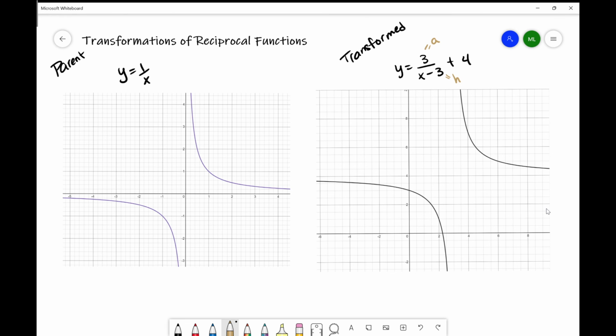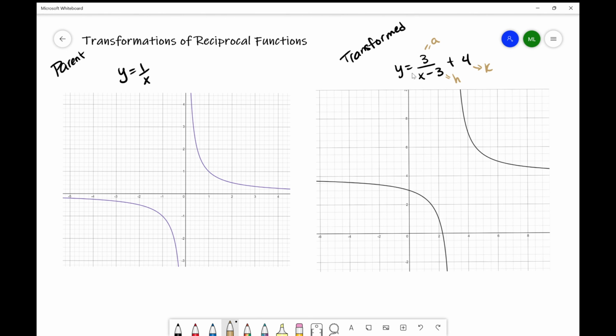And then the 4 is my k value. So I have my a, 3. It's positive, so there is no reflection about the x-axis. It keeps the same shape as the parent function, those same curves.